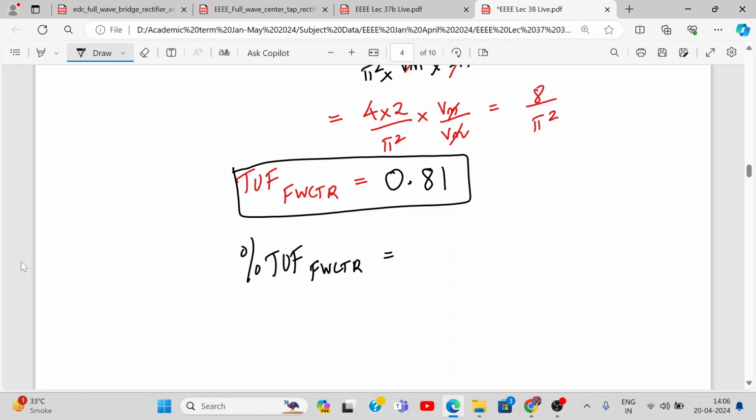So transformer utilization factor is 81%. That means 81% of the AC power that is supplied by the secondary of the transformer will be delivered to the load at the output. Okay. Oh, sorry, one mistake. This is not for the full wave center tap rectifier.